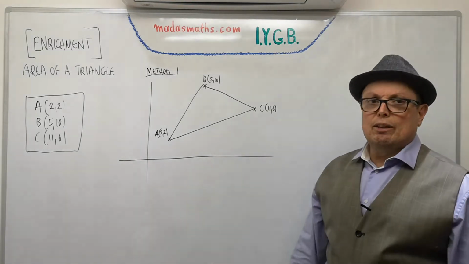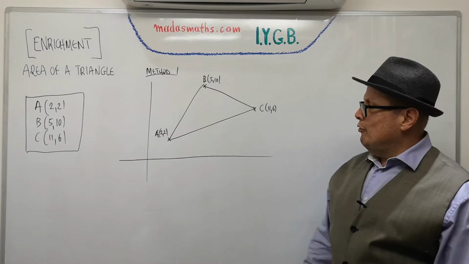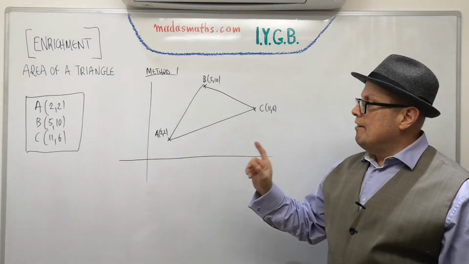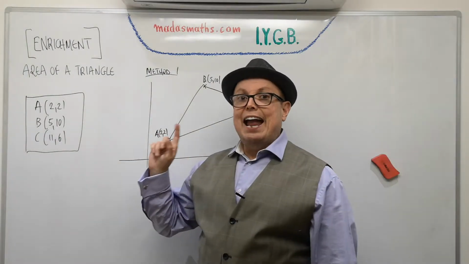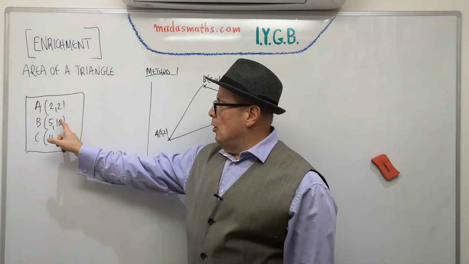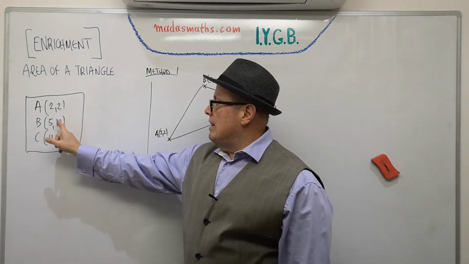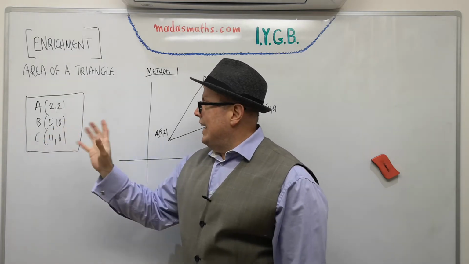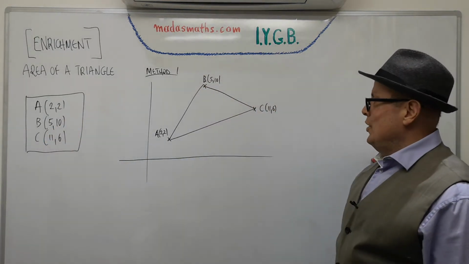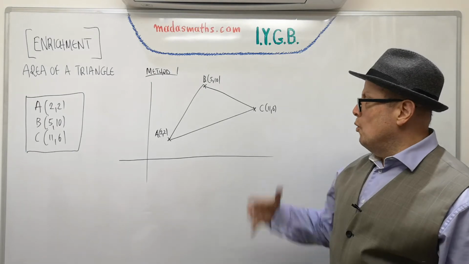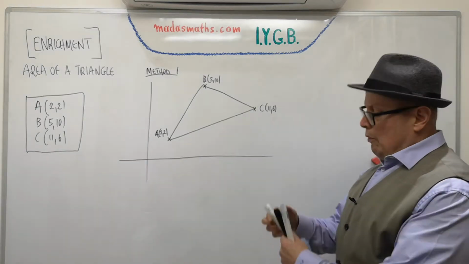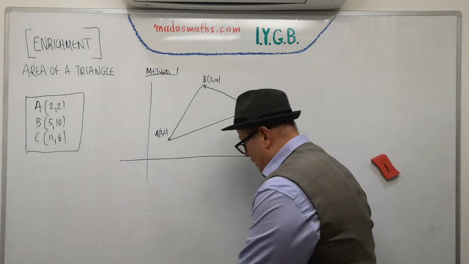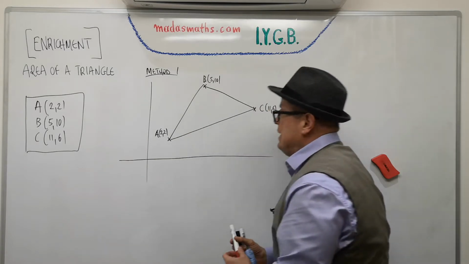But this particular method, my colleague's method, has a few snags if you have a mix of positive and negative coordinates. It's no problem if you're having, let's say, this 2 negative or this 2 negative, but if you have this negative and this negative, I don't see how you're going to adapt this method to work. So you'll see in a minute how you can actually do the area using trapeziums.